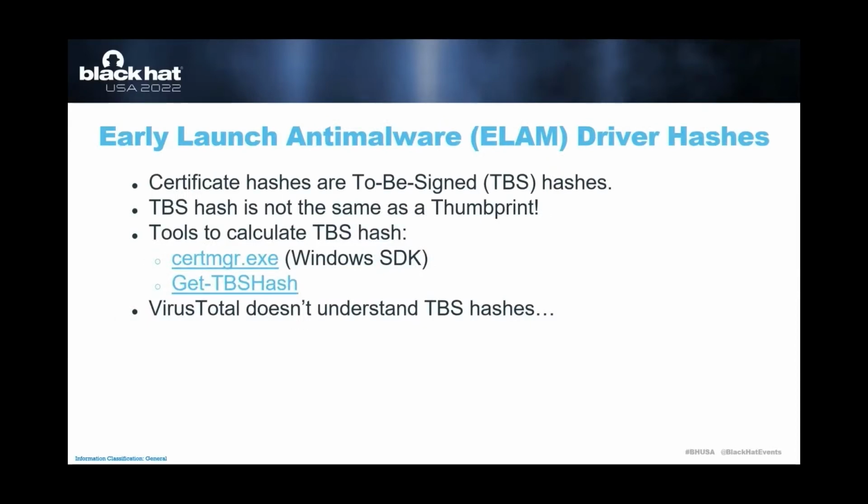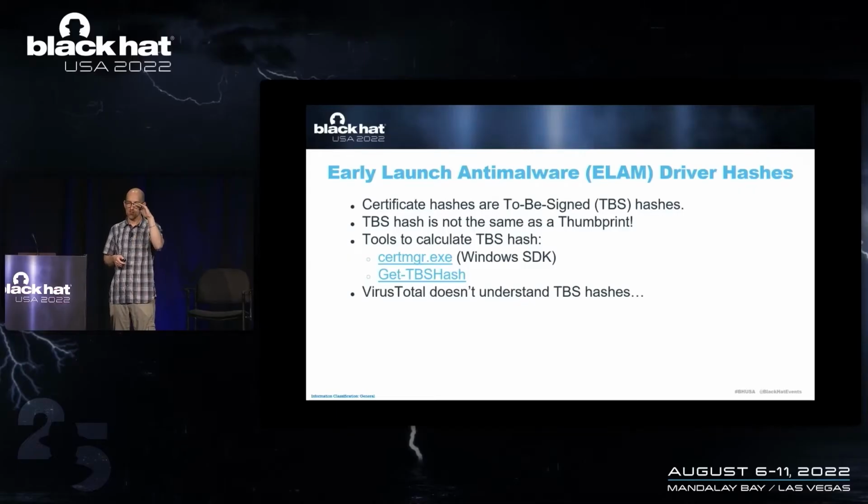In the rule sets in the ELAM driver, in that binary resource, there is a list of signer hashes. Those signer hashes correspond to the certificates that are allowed to start a service protected at the anti-malware-light level. Now, these aren't the typical certificate hashes you may be accustomed to, specifically thumbprints, which is the SHA-1 hash of the certificate.